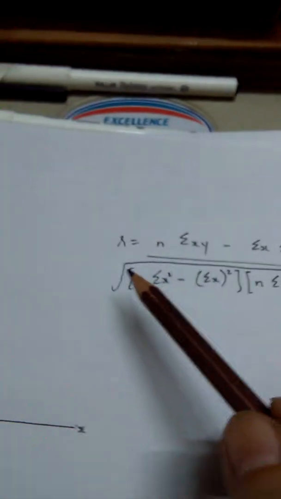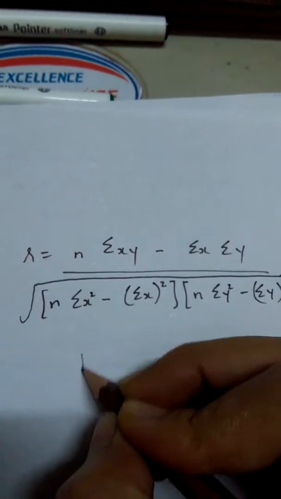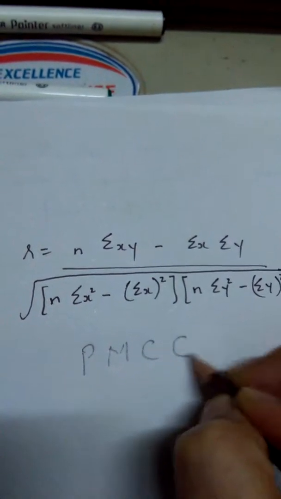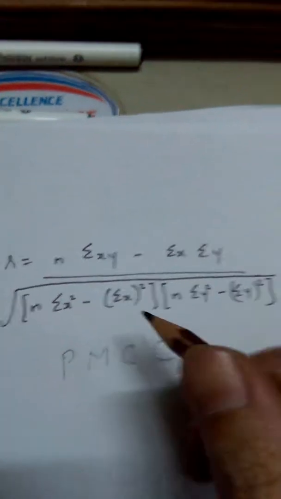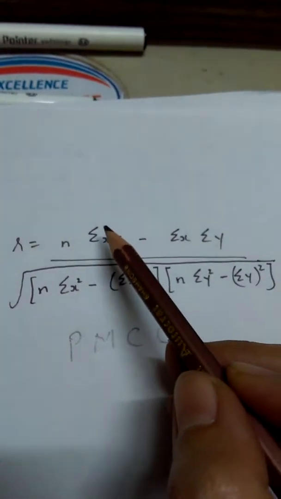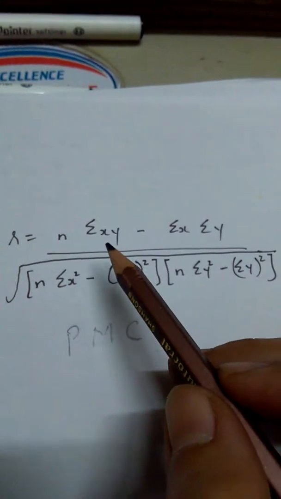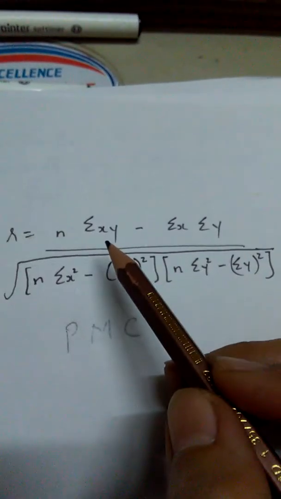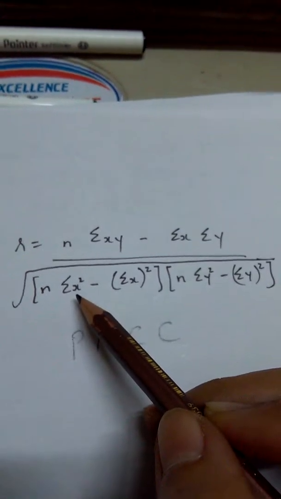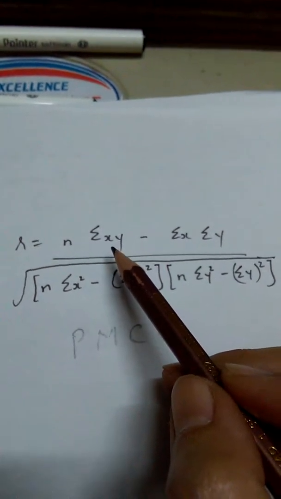So this is the formula of Karl Pearson, and we also call it the Pearson method of coefficient of correlation, PMCC. Here you are given the particular quantities, and in the table of our question, we have to introduce a few more columns for summation of x, summation of y, summation of x square, summation of y square, and summation of xy.